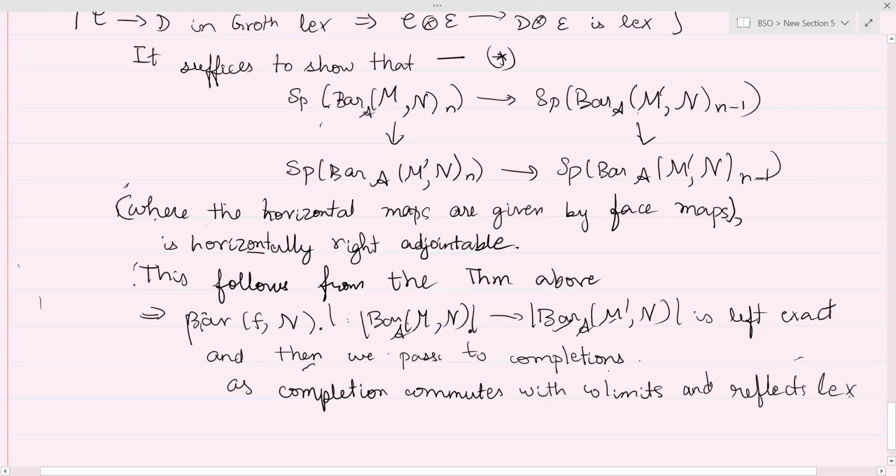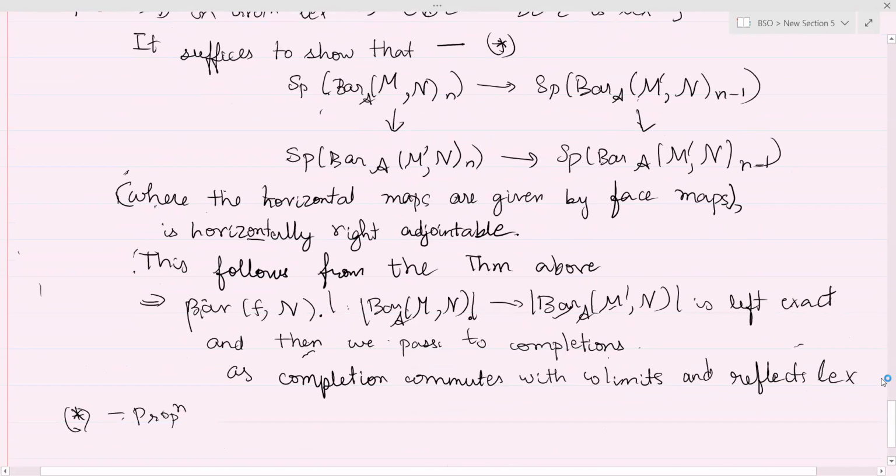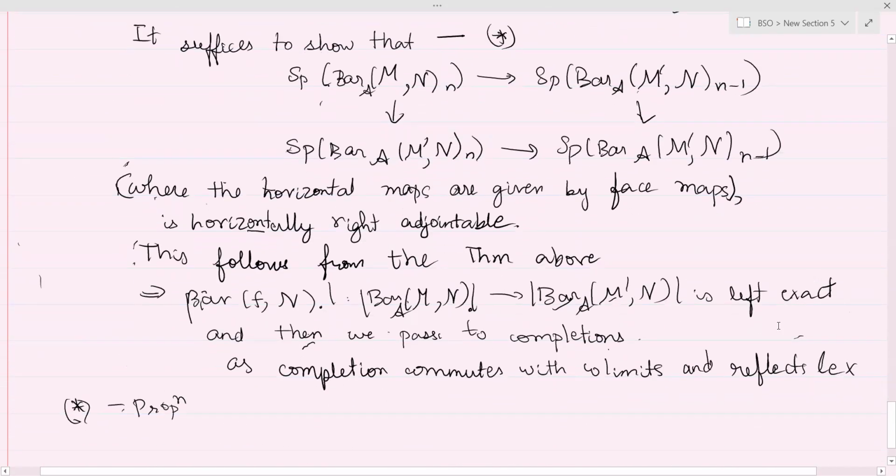left exactness. Okay, so now for this star. I'm not sure it actually reflects left exactness, but for the things that we need it does. No, I think it does both. It both preserves and reflects. I think this was some proposition earlier, that it does for almost compact as well.